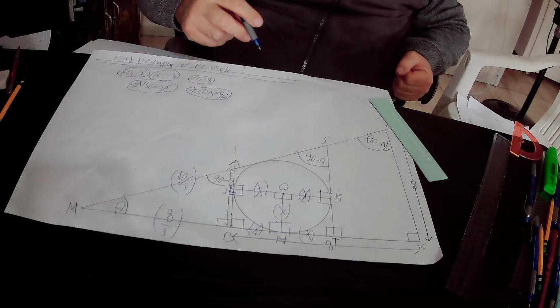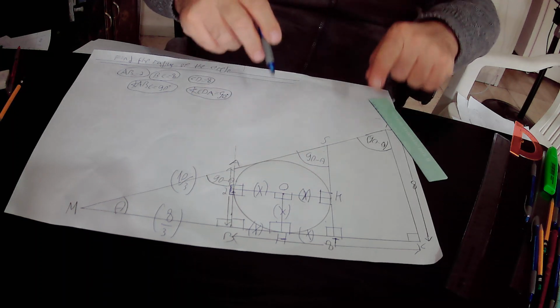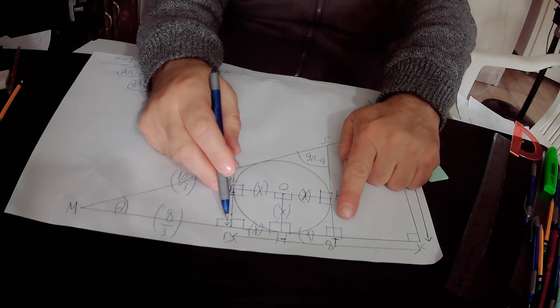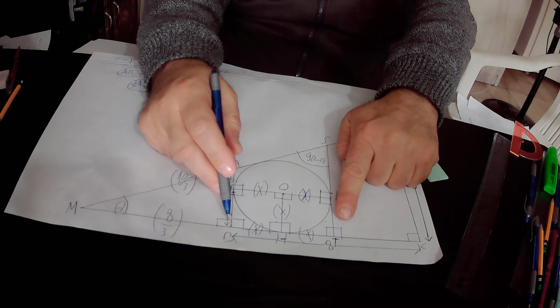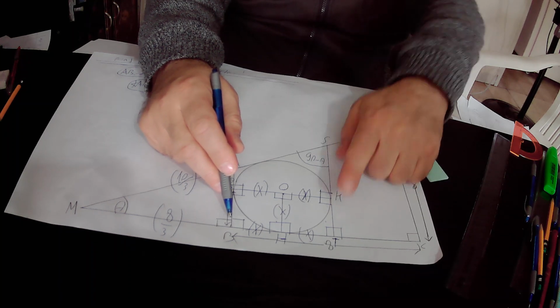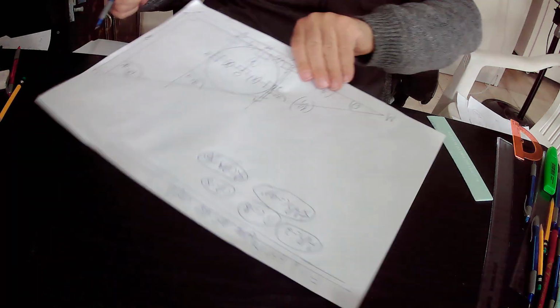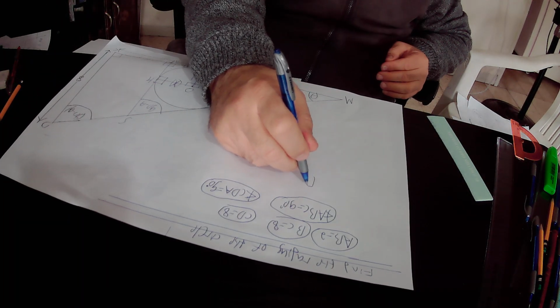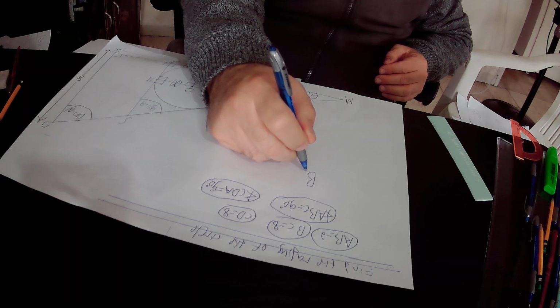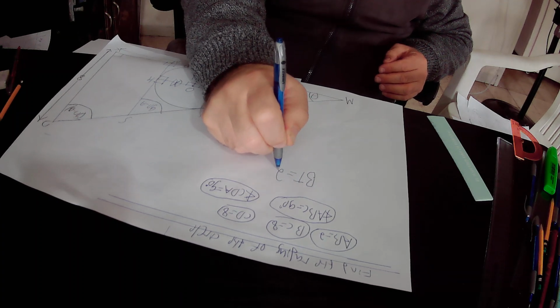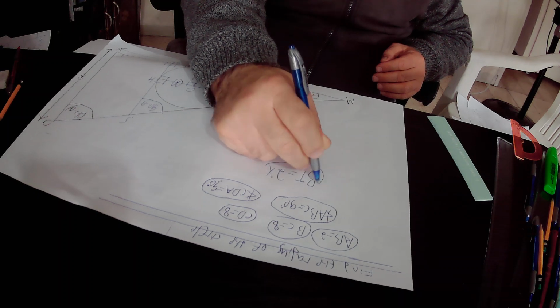So in conclusion, we found out that the length of line segment BT, in total, is equal to x plus x, that is 2x. So write it down. Line segment BT equals 2x units in its length.